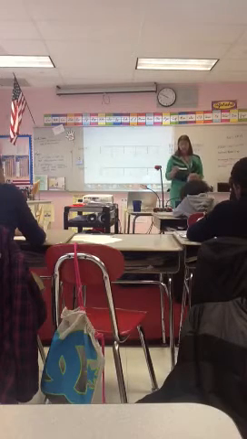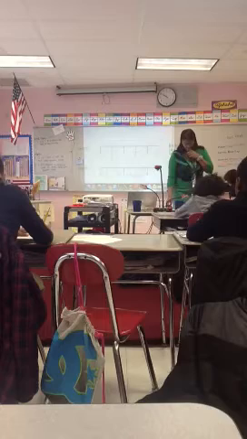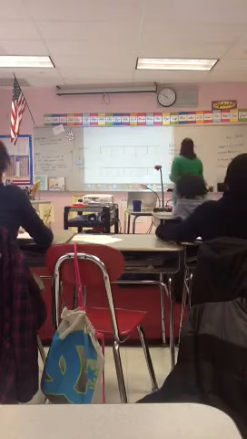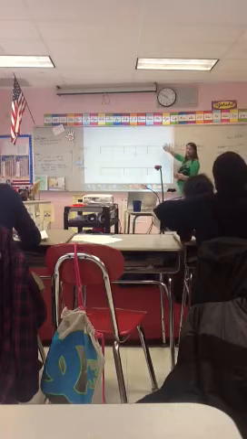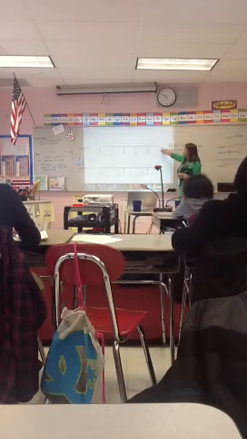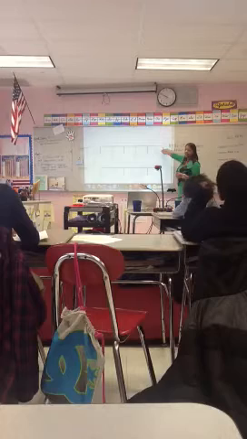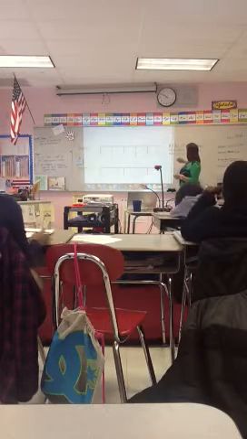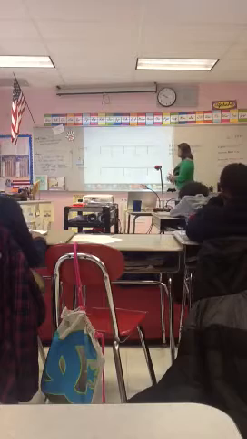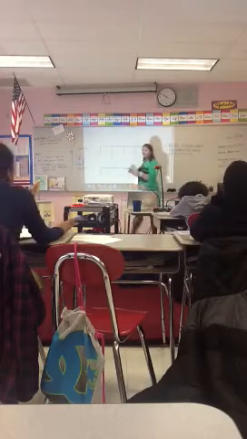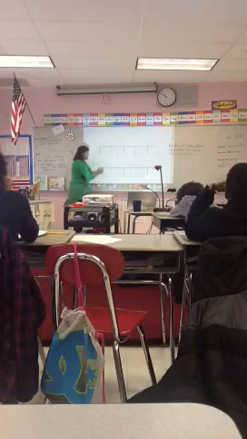Okay, inches are measured in what? This side of your ruler, the measurements are half inches, right? And this side, centimeters. You'll notice when we get further in, we're going to break this down even further.